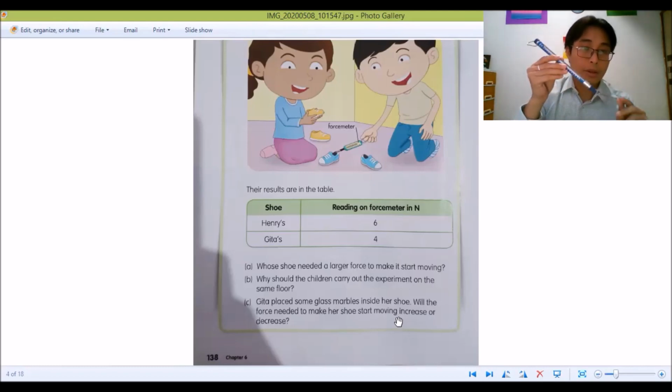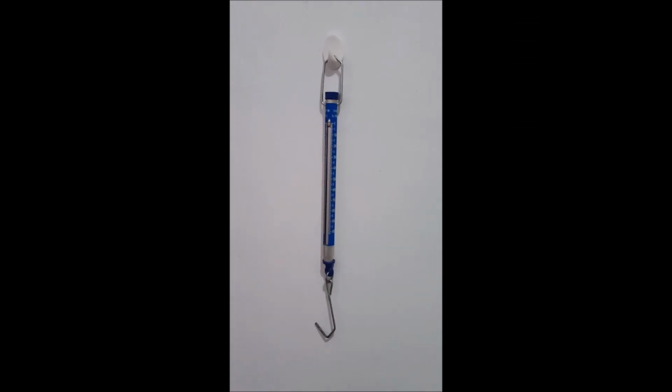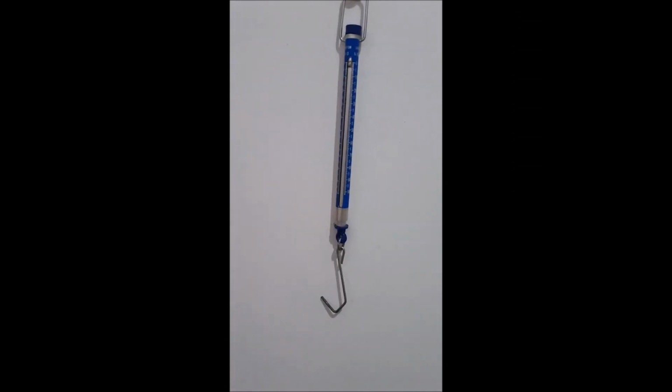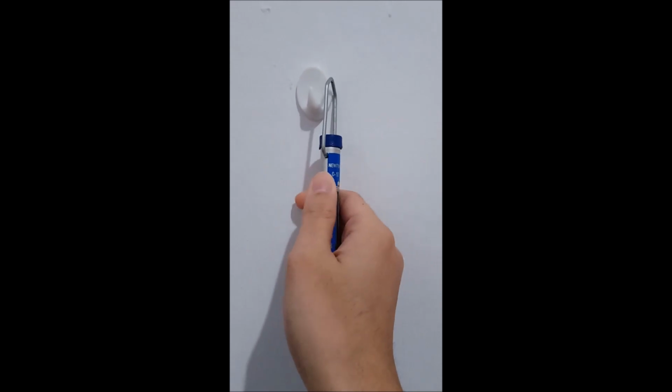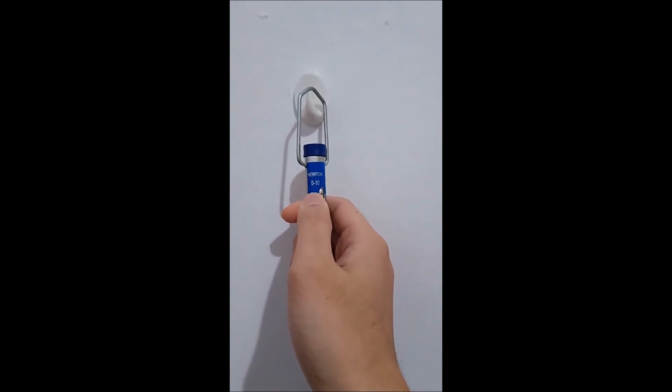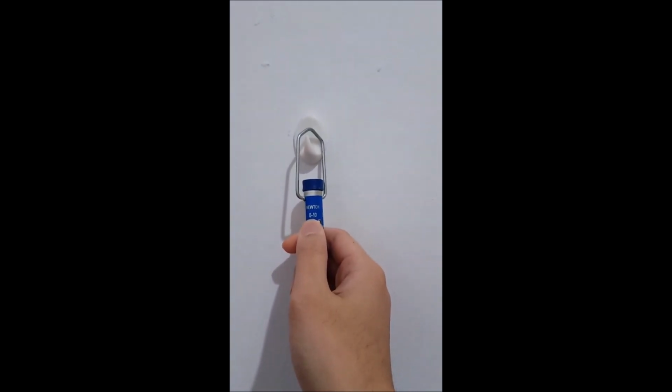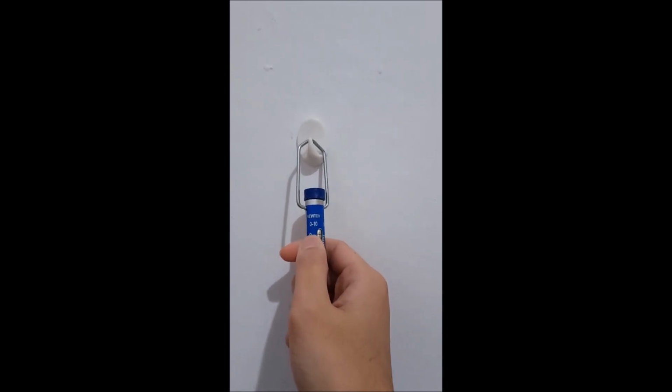So let's try to use this tool on different things. Okay, so let's try to use this material now. But first, let's look at the labels here. We can read here Newton. So, the range here is from 0 to 10.